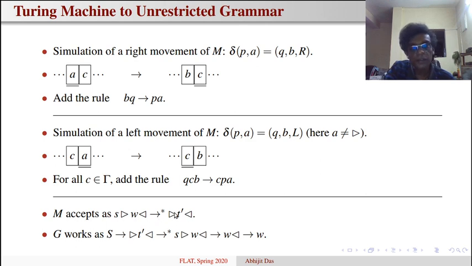S generates this, eventually it comes here, then this thing vanishes, eventually W remains. Yeah. So that is the outline of the proof, and that settles the equivalence of unrestricted grammars with Turing machines.